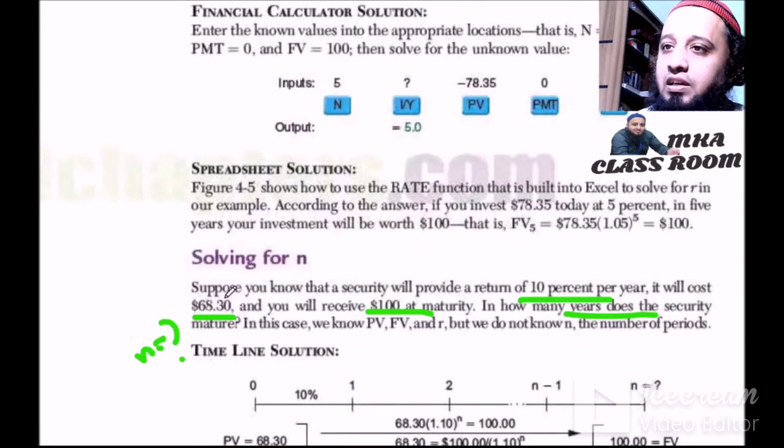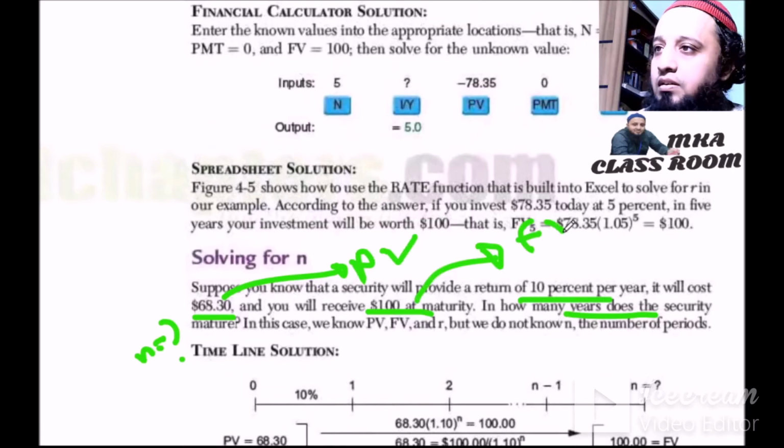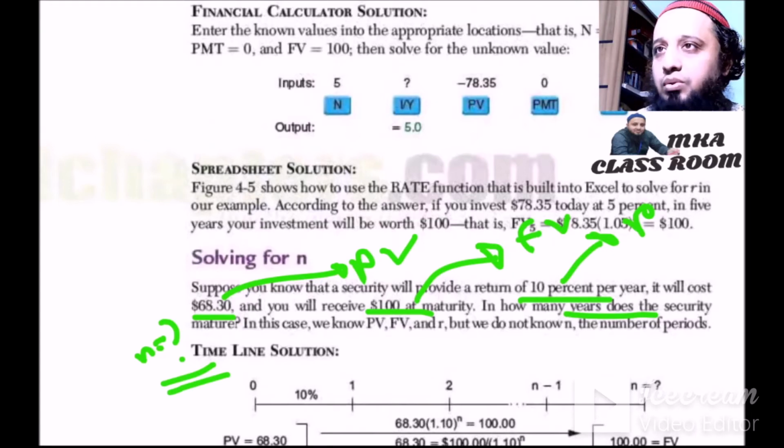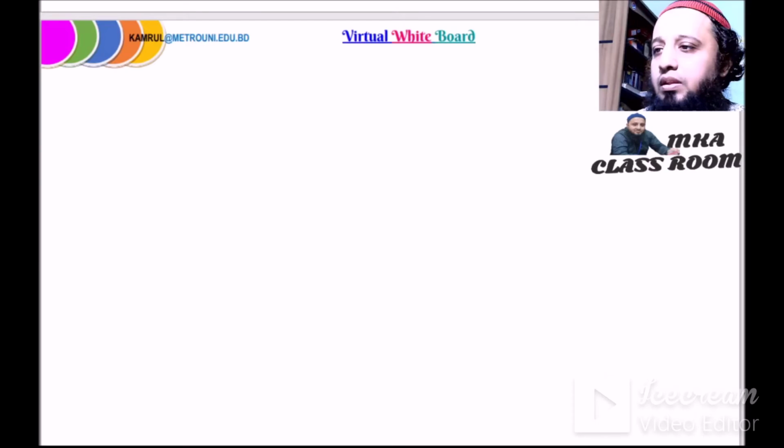Here is the present value, that is the future value, and that is the rate of interest r. Then we have to solve for n. If we use the formula for future value, then we can solve our problem.